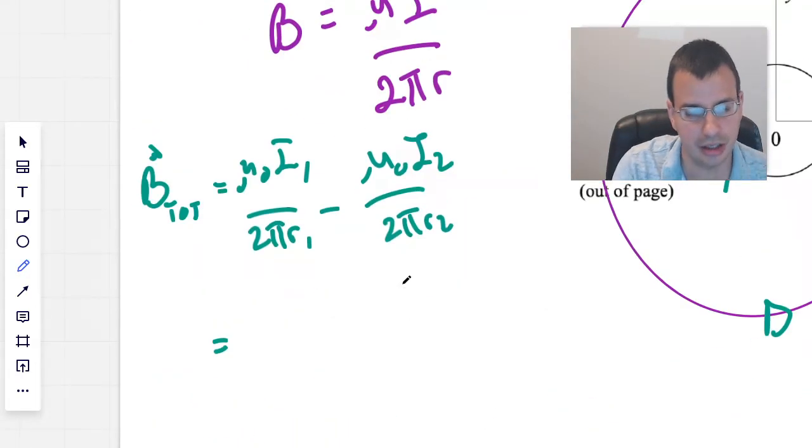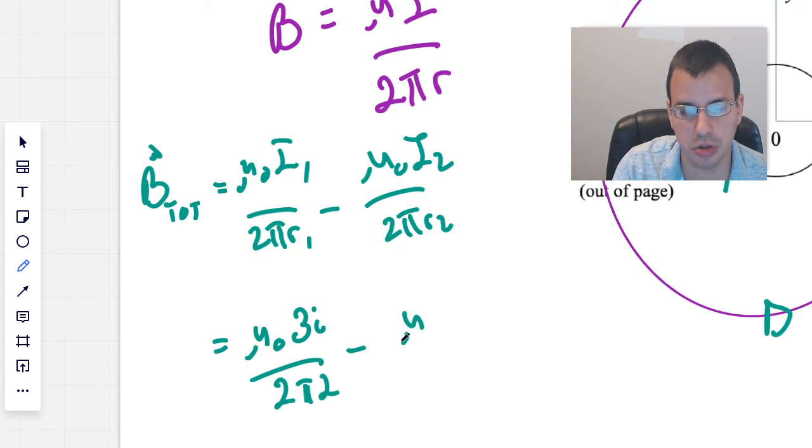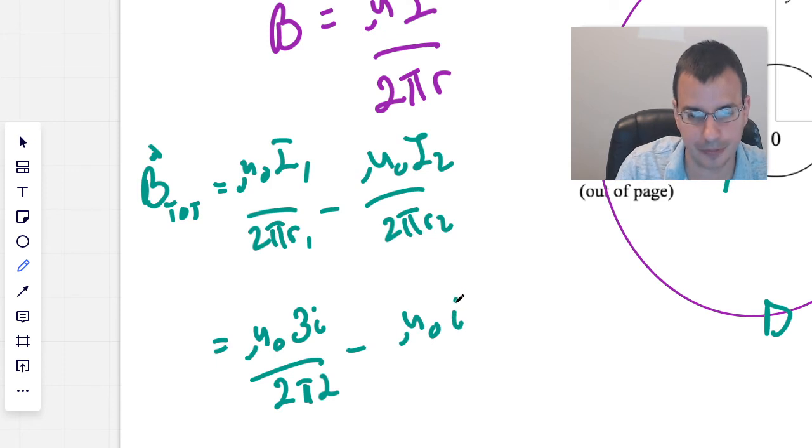So this will be mu naught 3I over 2 pi 2, where 2 is the radius, minus mu naught, single I, over 2 pi 2.